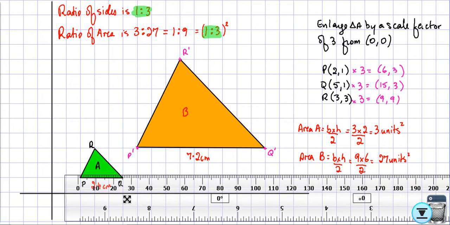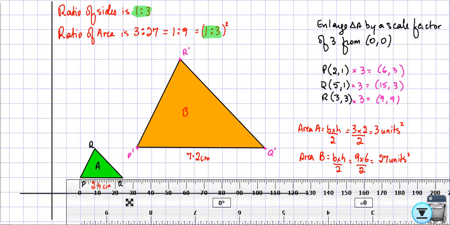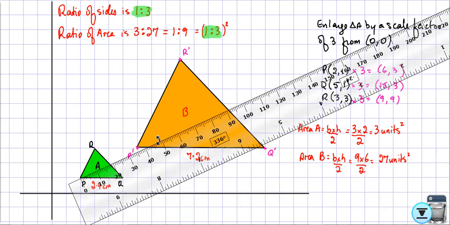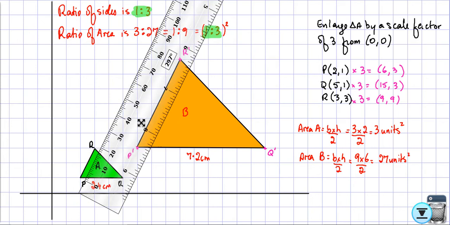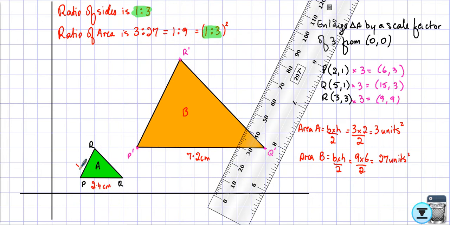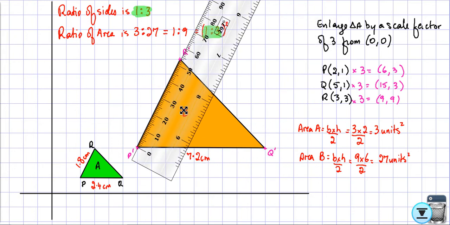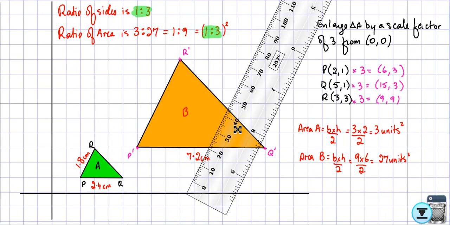I'm going to measure PR now. PR is 1.8 centimeters. If I measure the new PR, that's 5.4 centimeters. It also makes sense because it is 3 times as much.